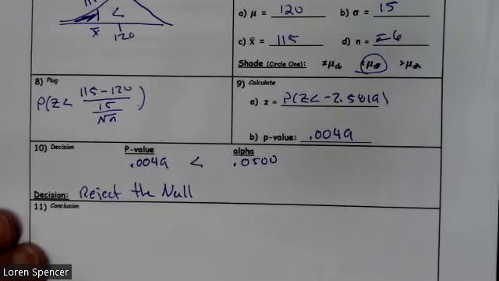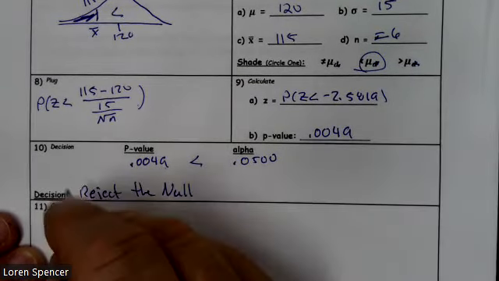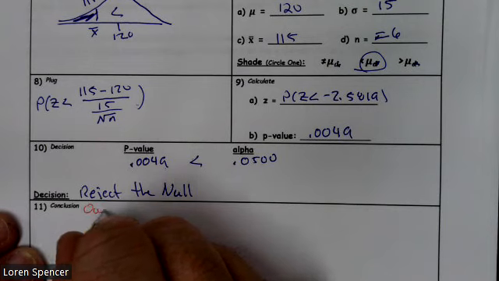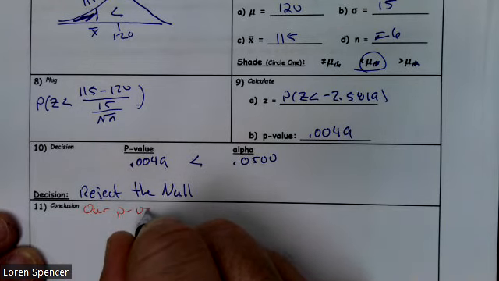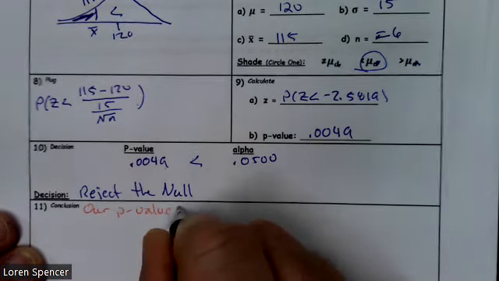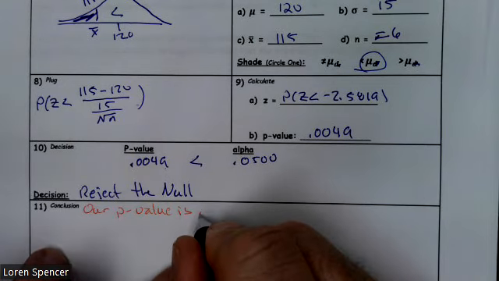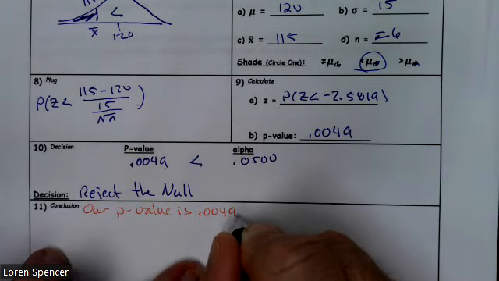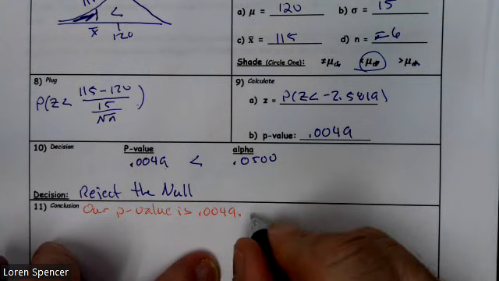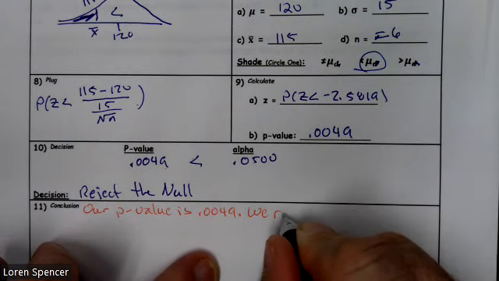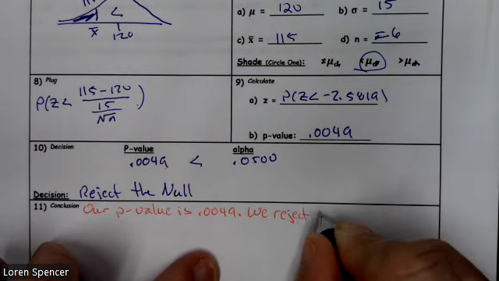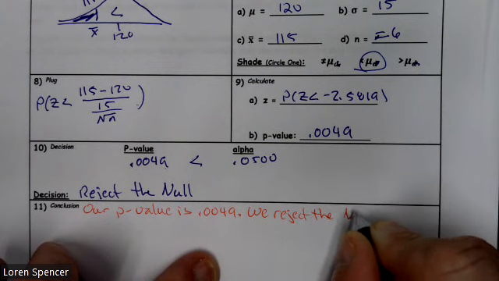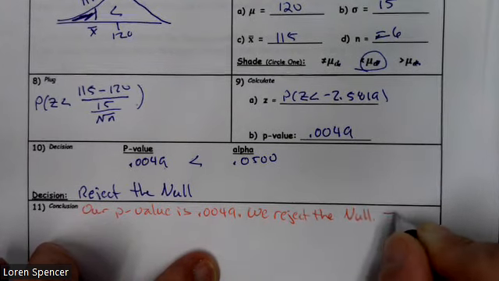So we need to write our conclusion. Our p-value is 0.0049. Our decision: we reject the null. Why?